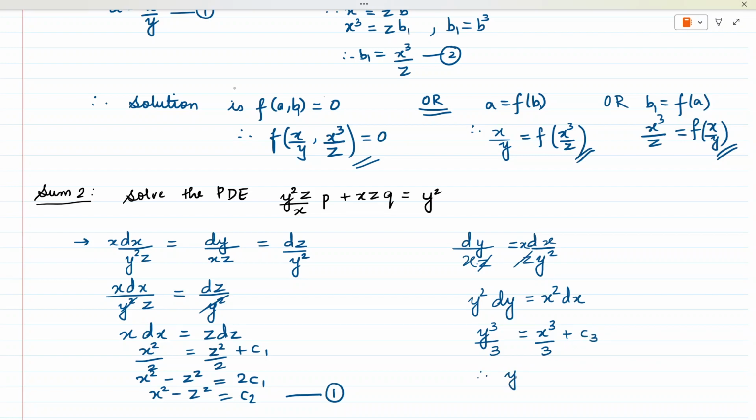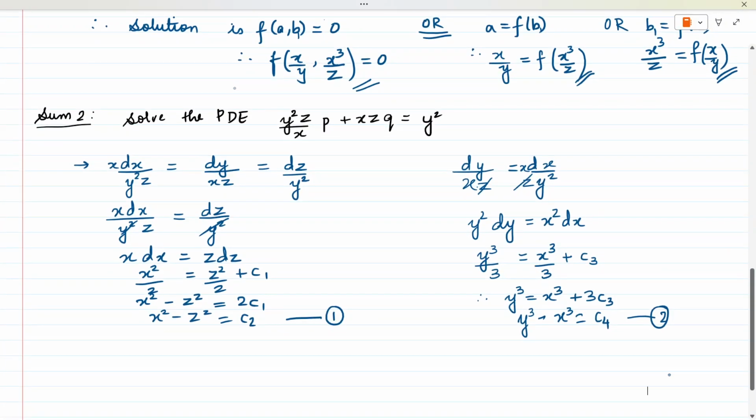Multiplying throughout by 3, I'll get y cube is equal to x cube plus 3 times c3, or I can call this as c4. So we have found two solutions here. The general solution is written as x square minus z square and y cube minus x cube is equal to 0. This is your general solution.